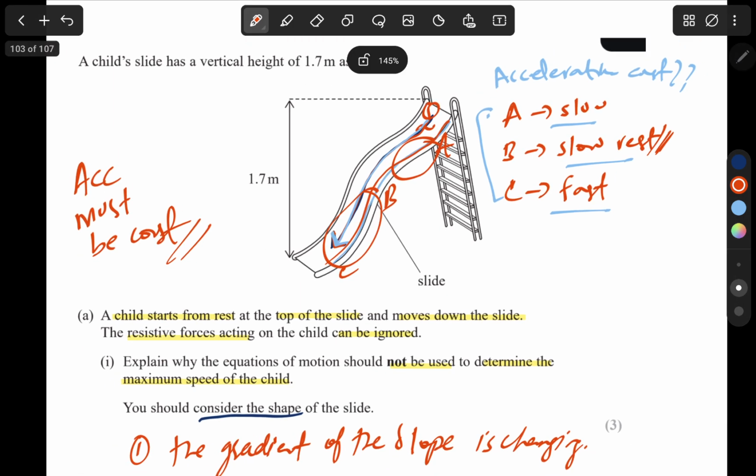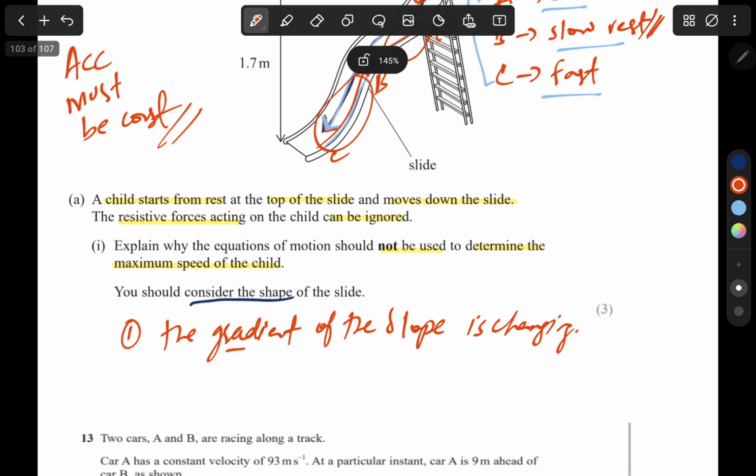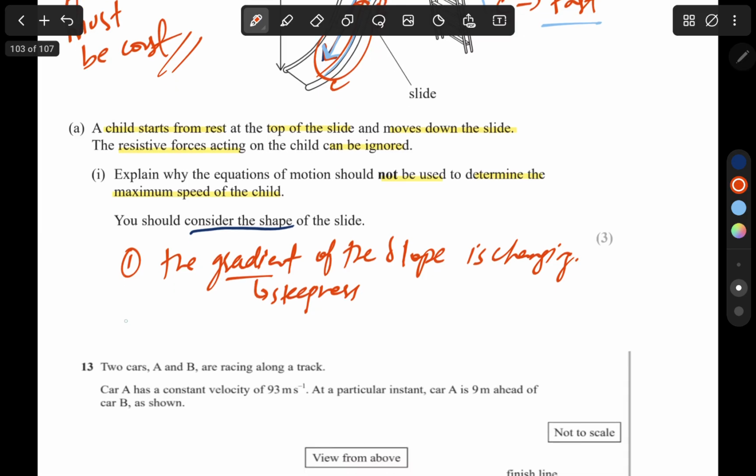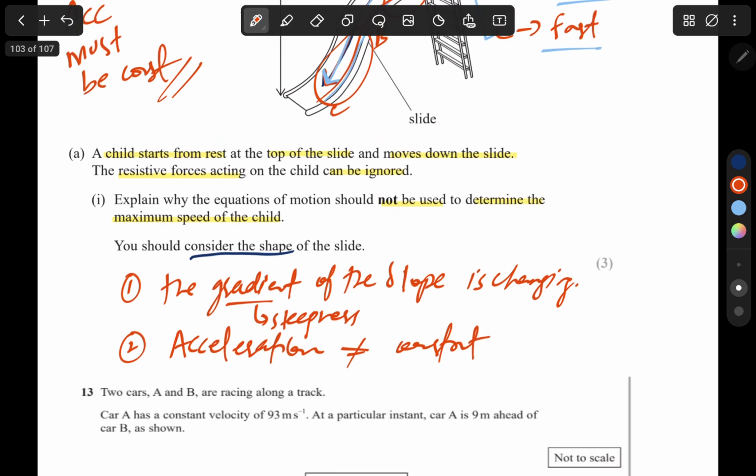So the steepness, that's the gradient. The steepness is changing, right? Because of that, the acceleration is not constant, and to use the equations of motion, your acceleration must be constant, hence why we cannot use them. So that's the answer to question number 3.